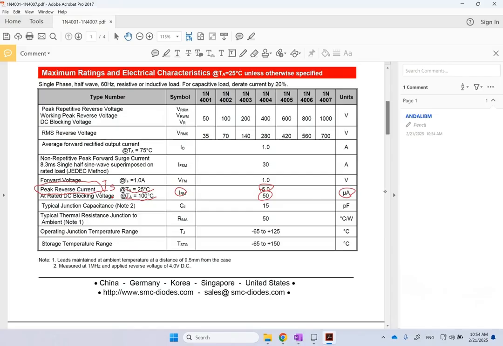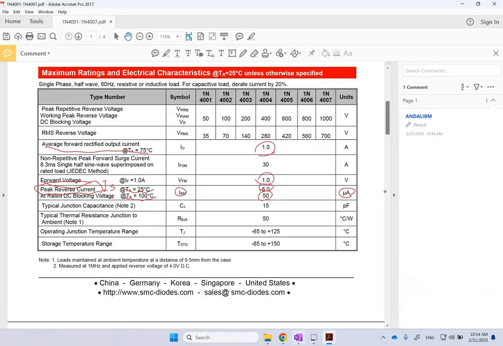So for that, you can go and look at one voltage and one current here, and you see that the average forward rectified current is about 1 amp and the forward voltage is 1 volt as well.